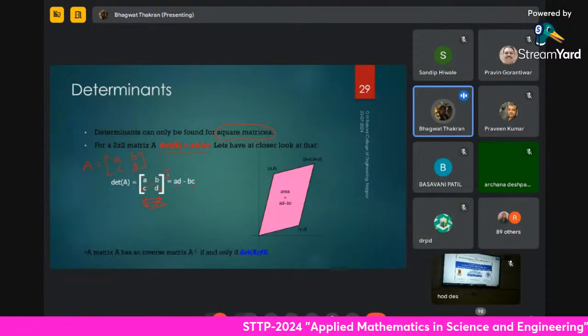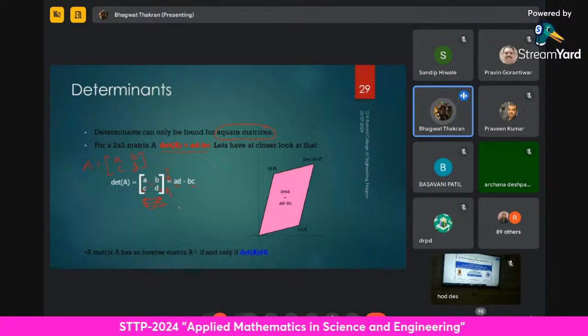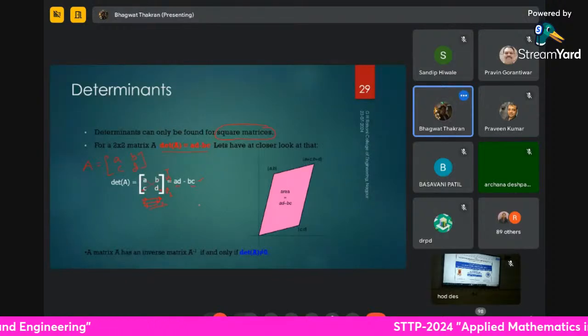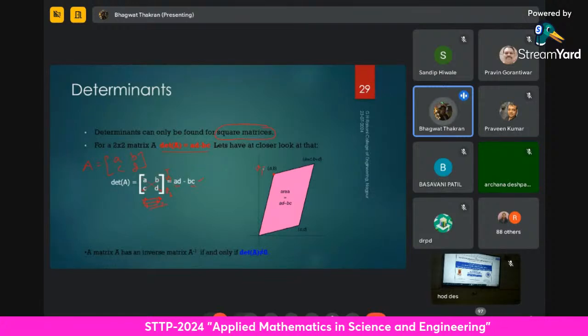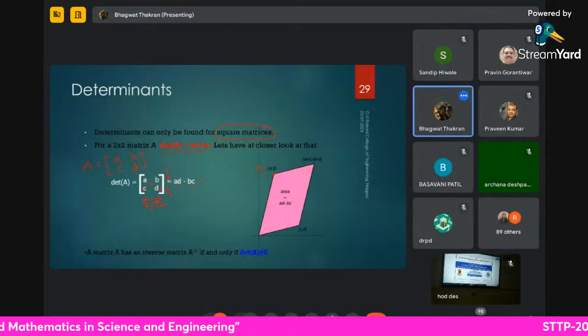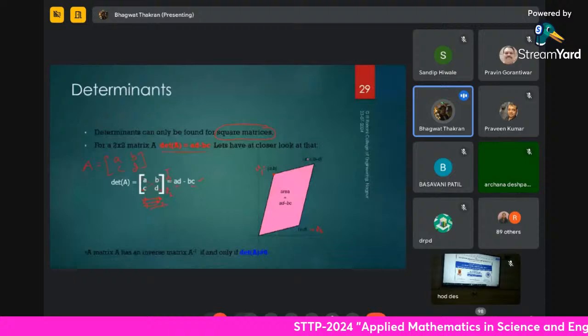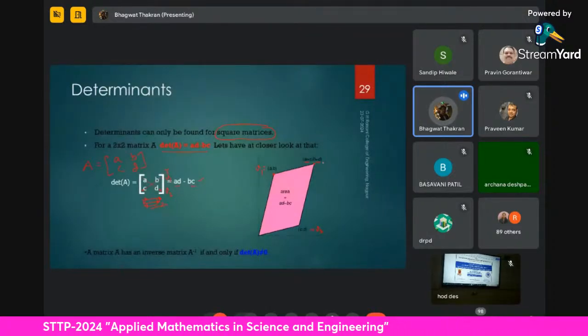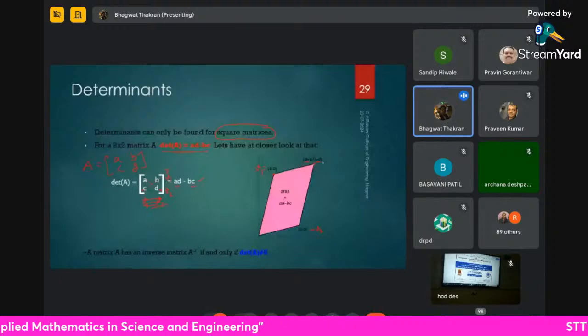If you take the transpose, this will be my v1, and the determinant remains the same. It doesn't change. If this is my vector v1 with coordinates a comma b, and this is my vector v2 with coordinates c comma d, then the result is a plus c and b plus d, the addition of vectors, as in the starting slides.